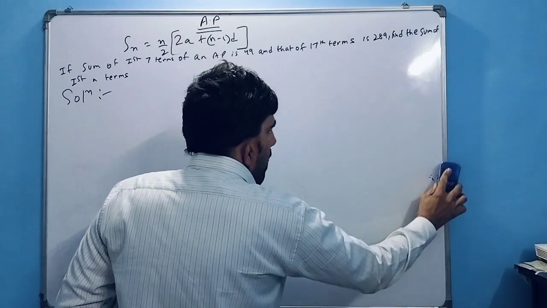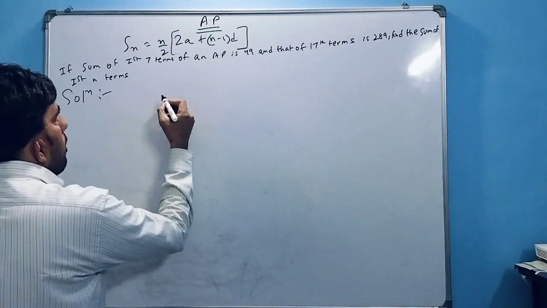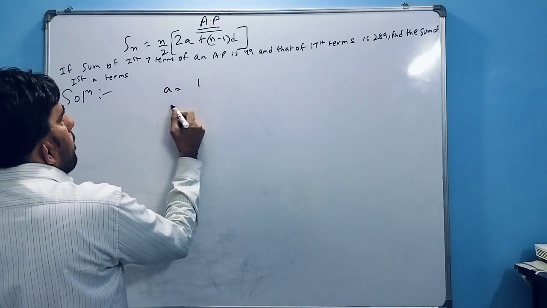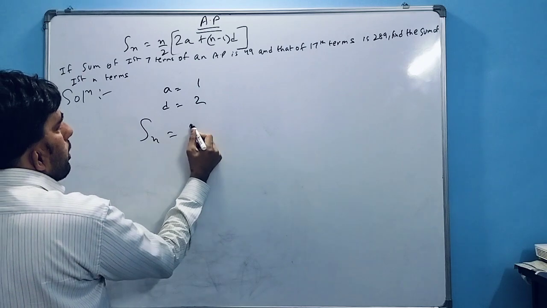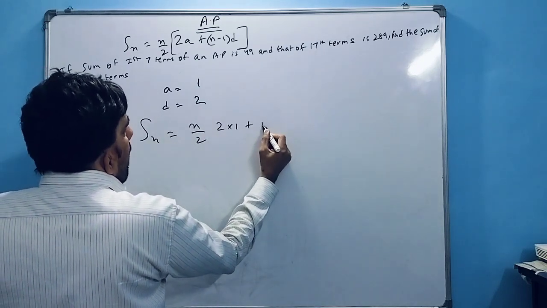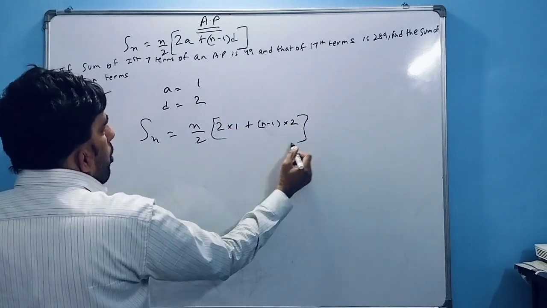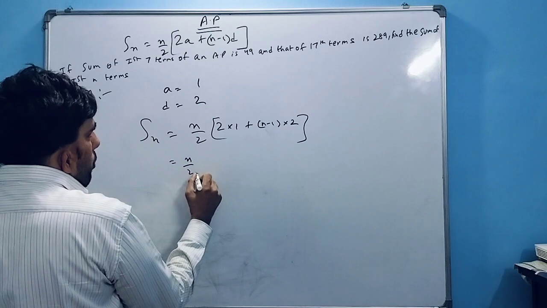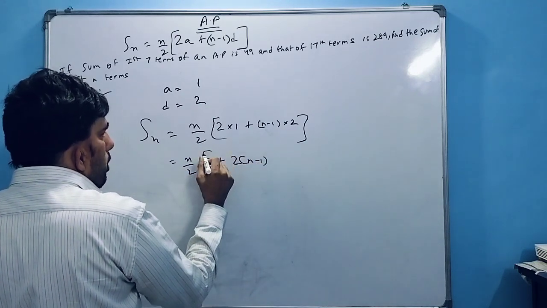We have a is equal to 1 and d is equal to 2. So we can easily find the sum of n terms, that is n by 2 into (2 into 1 + (n minus 1) into 2). So now I got n by 2 into (2 + 2n minus 2).